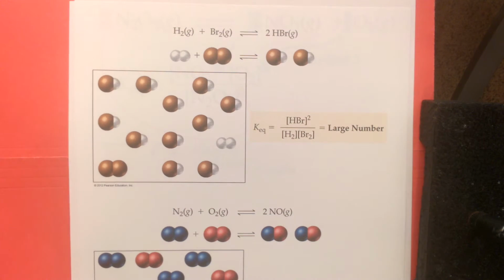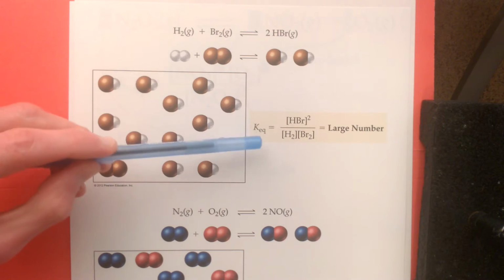Now equilibrium is established in the reaction system, and let us not forget, equilibrium establishment means the forward and the reverse reactions, the opposing reactions, are proceeding at equal rates. That's what chemical equilibrium is. The opposing reactions are proceeding at equal rates to one another. So we have an equilibrium established here.